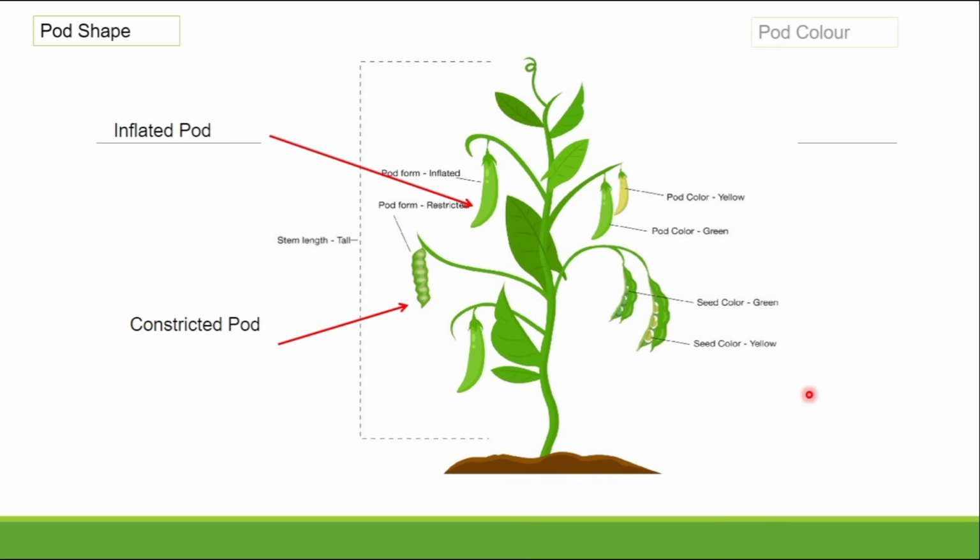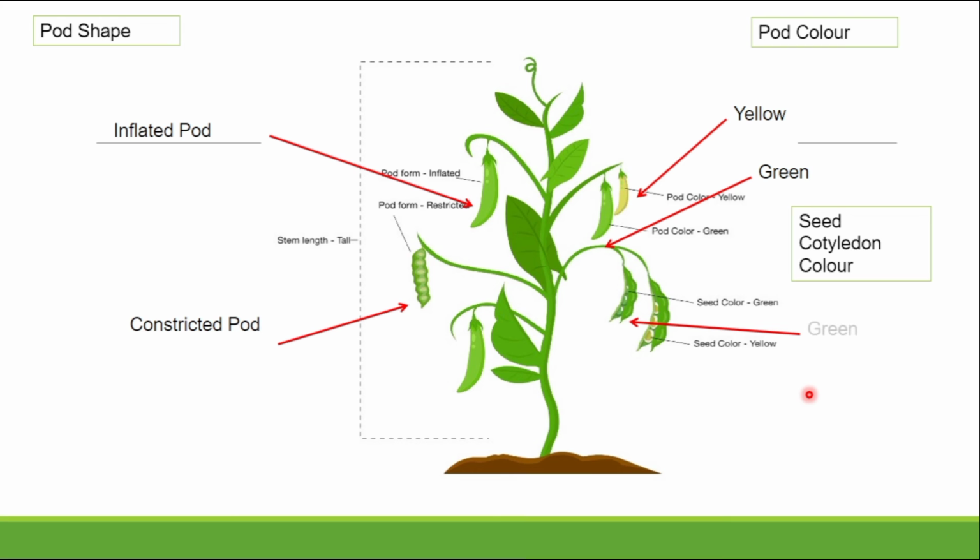The pod shape is inflated, constricted. Then the next one is the color of the pod, yellow and green. Yellow is dominant and green is recessive. The next one is the seed cotyledon color, green and yellow.